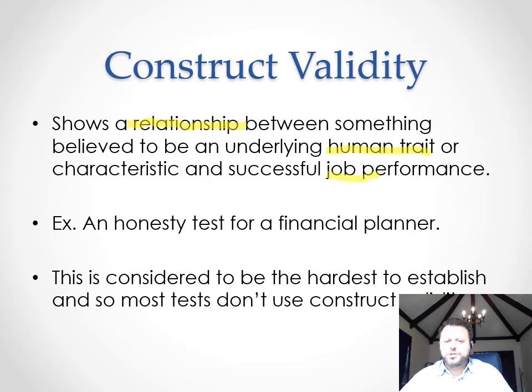A human trait could be honesty, integrity, loyalty, friendliness, punctuality, a sense of duty, emotional stability, openness to new experience. These are traits, which means they're part of your personality.